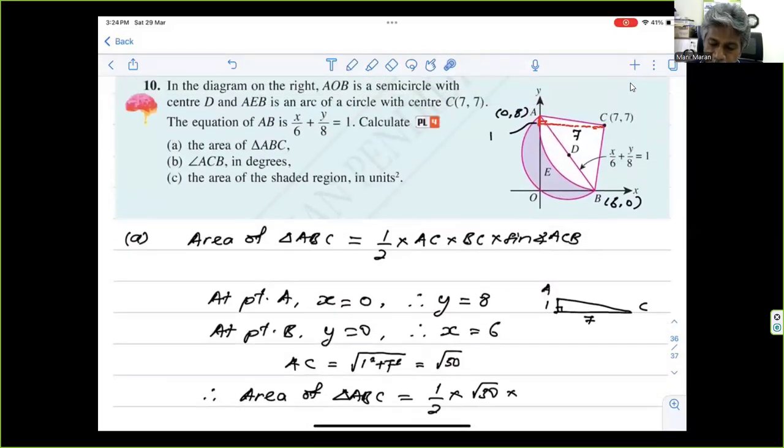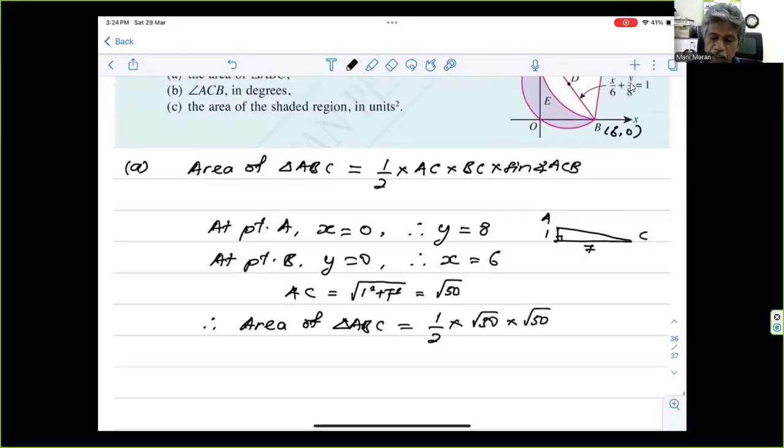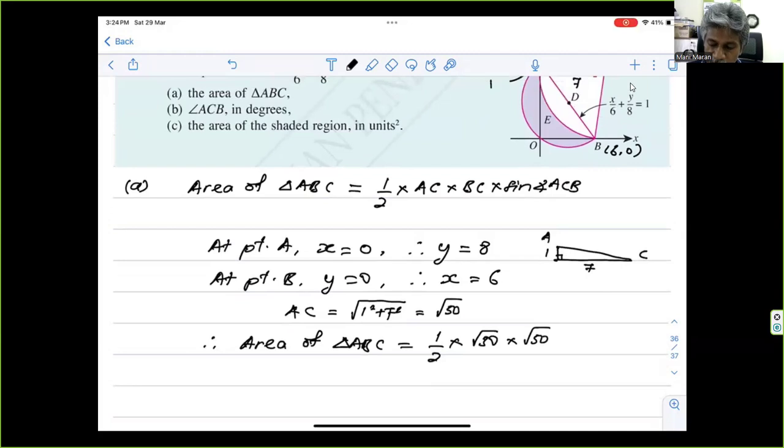Okay, because AC is equal to BC because both are actually the radius of the arc AEB. So this is also equal to square root of 50. In other words, BC is also square root of 50 multiplied by sine of angle ACB.